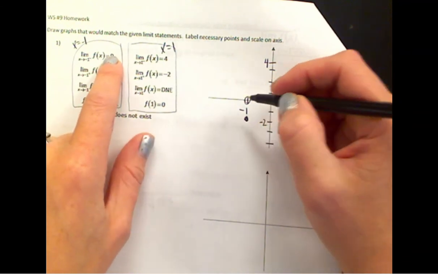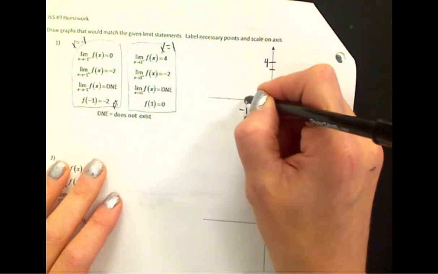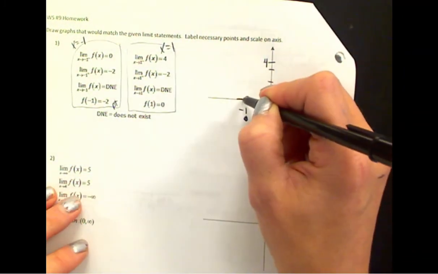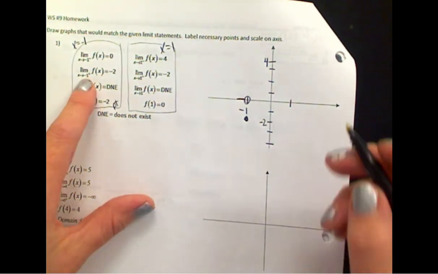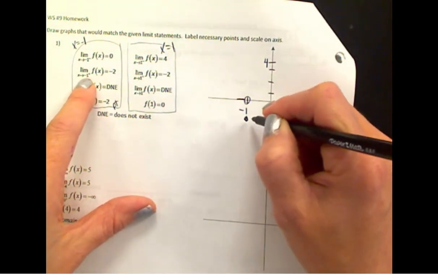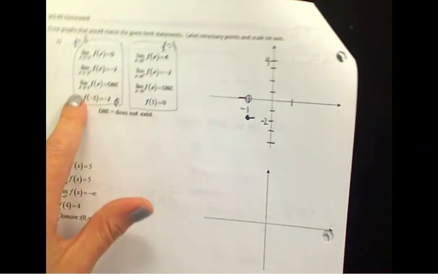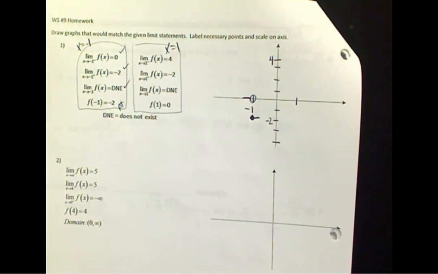Negative 1, 0 from the left. This way. Okay? Doesn't really matter what else happens. Negative 1 from the right. Okay? Check, check, check. As all I'm doing is putting little placeholders. You connect it as you see fit.